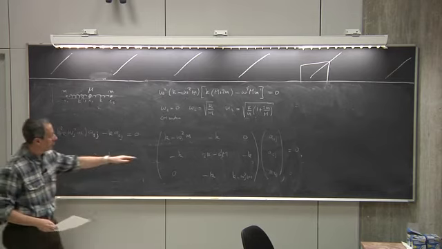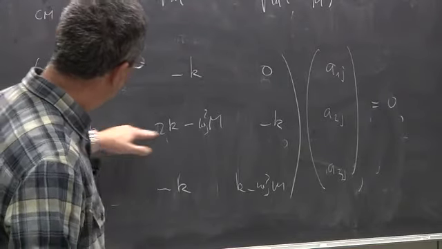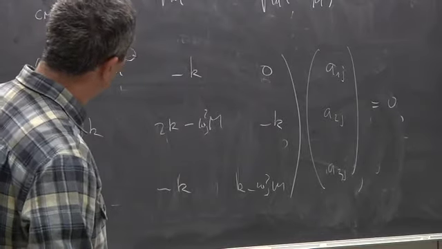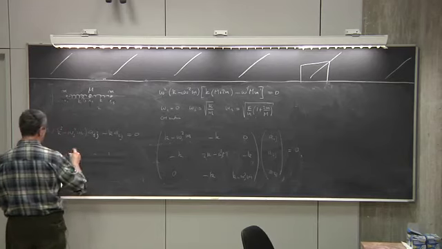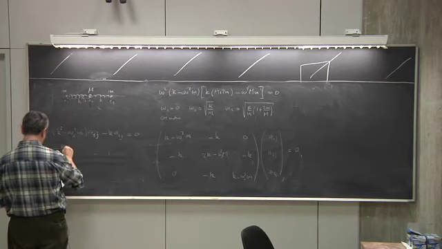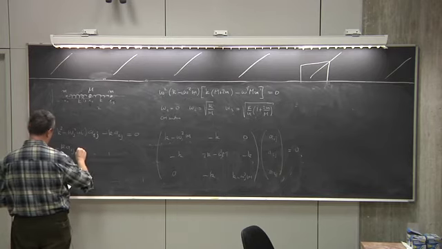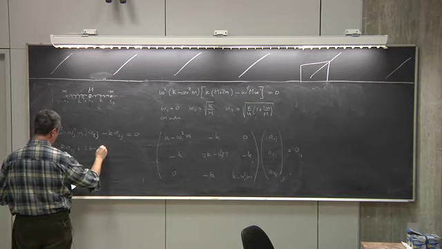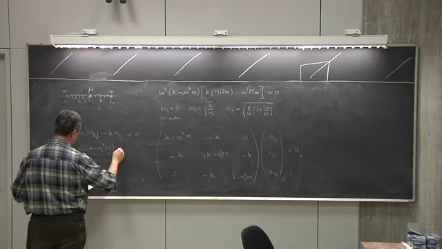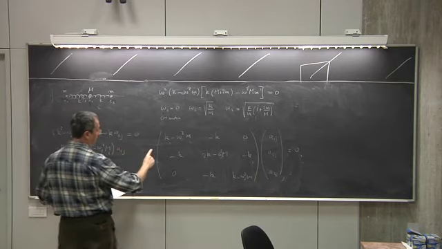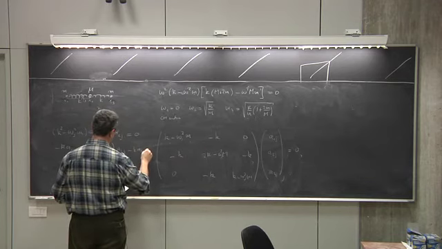But let me write also the second. Now I take the second. I have 3 equations. I take the second row, and I multiply by this column, okay? And if I do that, you see that I get minus k a1j, plus 2k minus omega j square big M times the a2j, and this time I also have minus k a3j equal to 0.